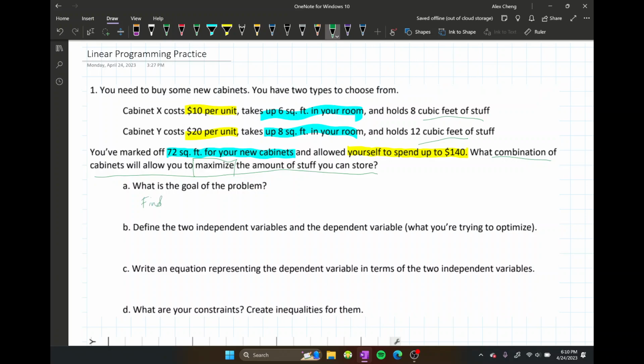Our goal is to find the combination of cabinets, again, that's going to be some cabinet X's and some cabinet Y's, that let me store the most stuff. Okay, and that stuff will be measured in cubic feet.